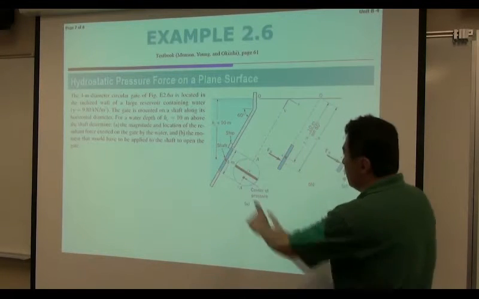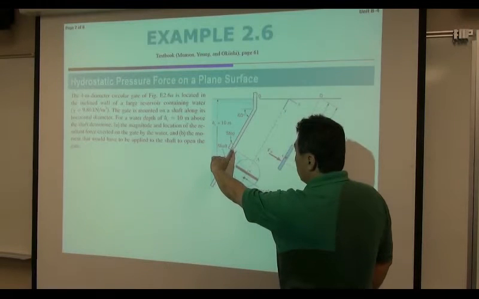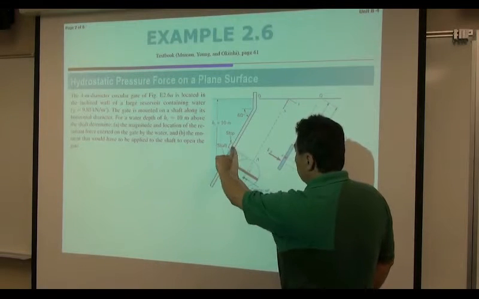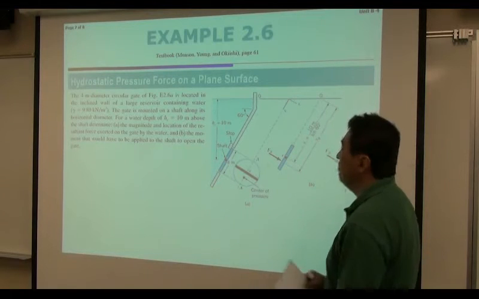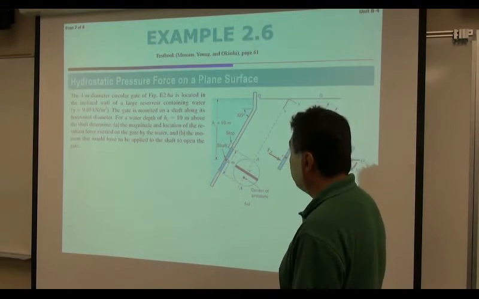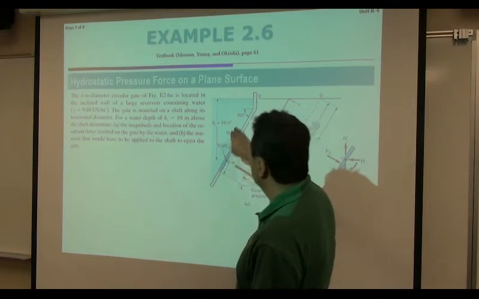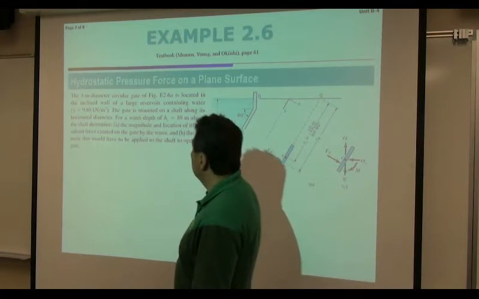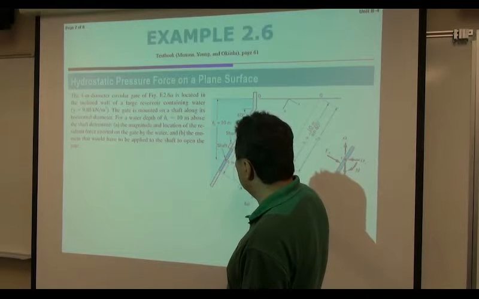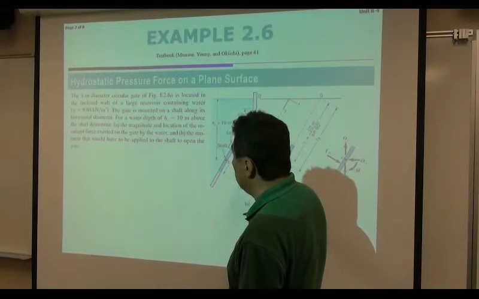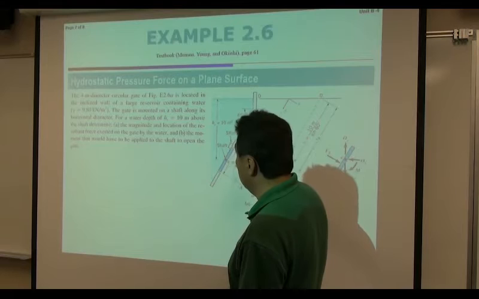So this is the circular cross-section gate, which is free to rotate around this shaft. This is water, so it's a given specific weight. So this gate is mounted on the shaft along its longitudinal diameter, horizontal diameter, sorry.